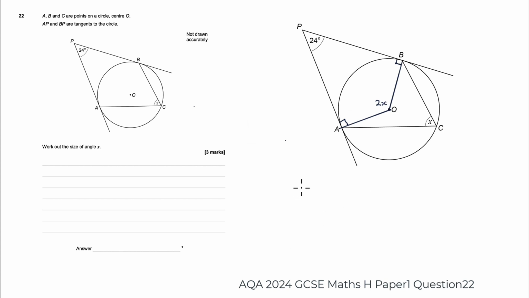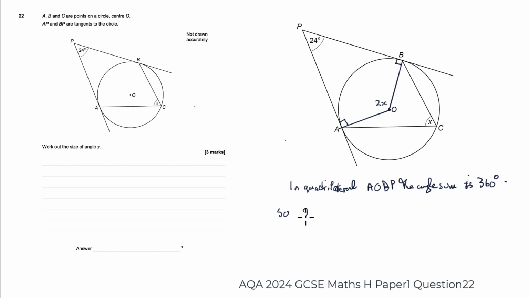So let's write that down. So in quadrilateral, well, let's call it AOBP, the angle sum is 360 degrees.